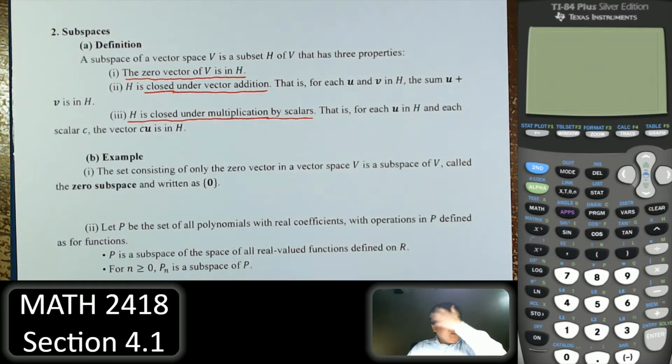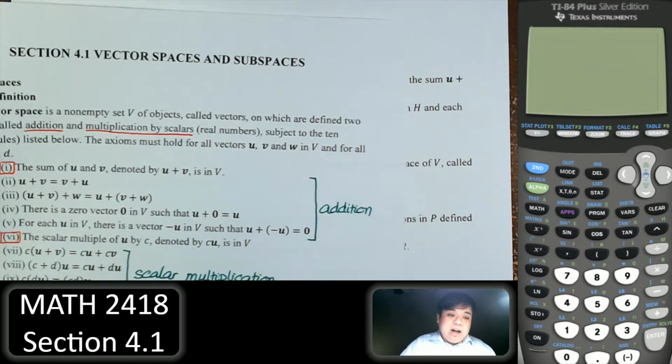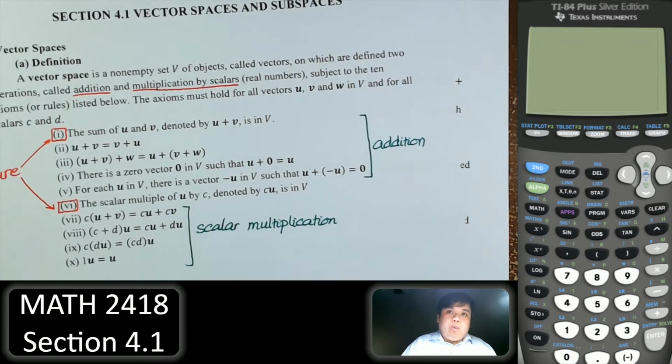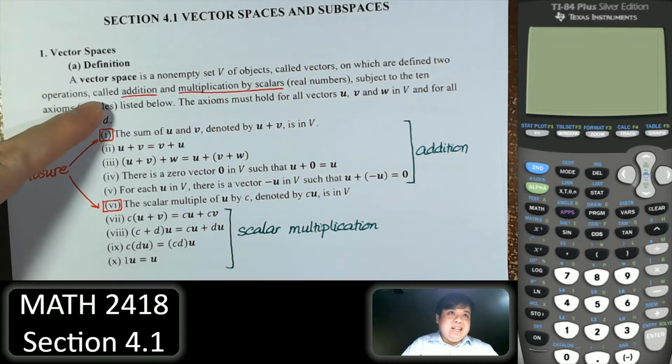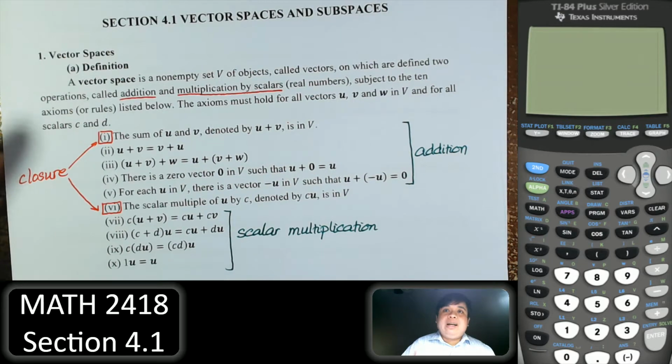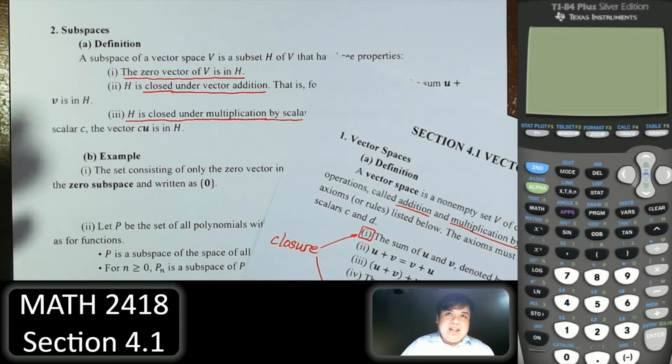Right. Now, if you get to very advanced mathematics, then you might have to prove that something is a vector space. By proving something is a vector space, we have to show that it satisfies all 10 of these axioms. That was too much for a course like linear algebra.